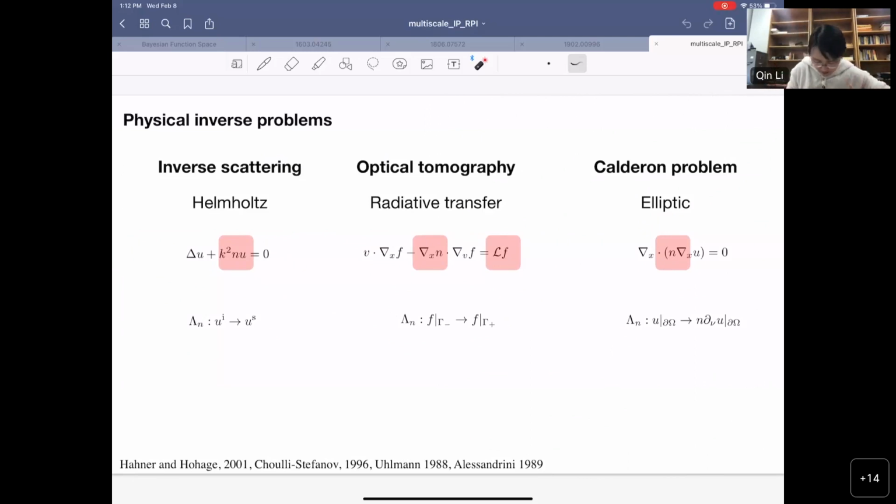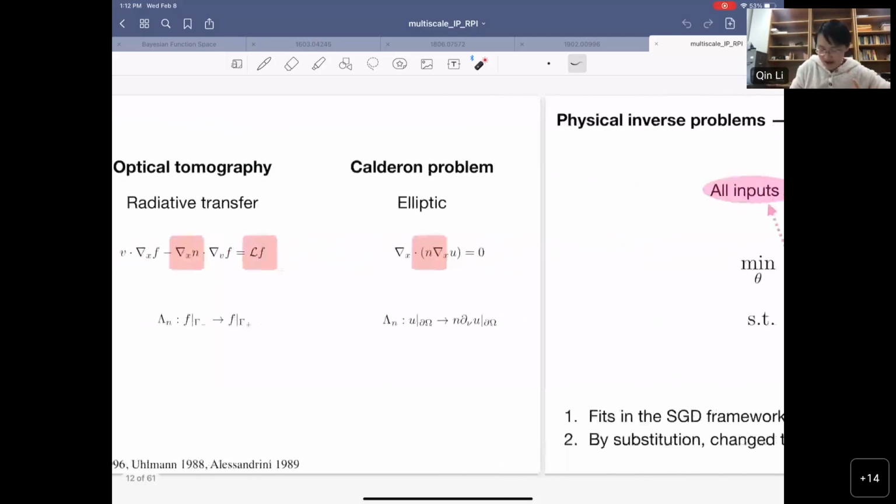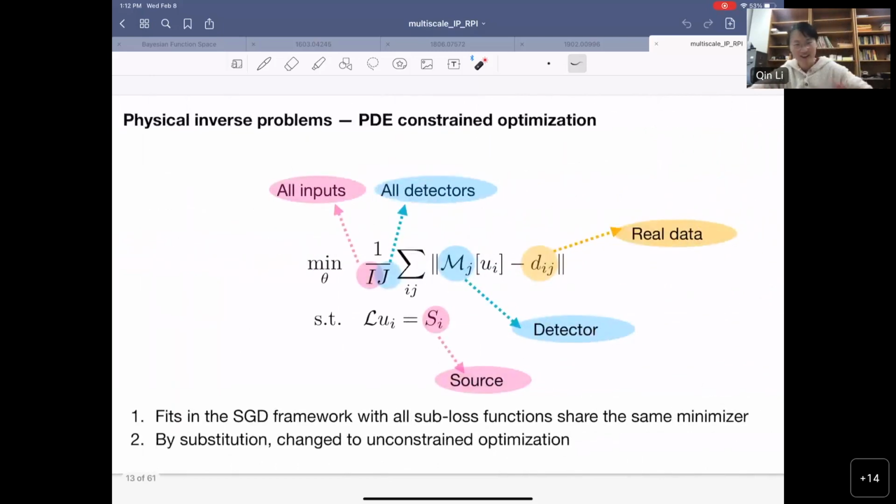Before doing that, I realized that our seminar is an optimization seminar, so I need to draw some relation with optimization. As you can imagine, all these inverse problems, when you need to execute them numerically, are usually formulated as PDE constrained optimization.